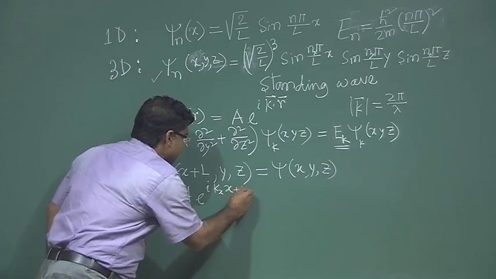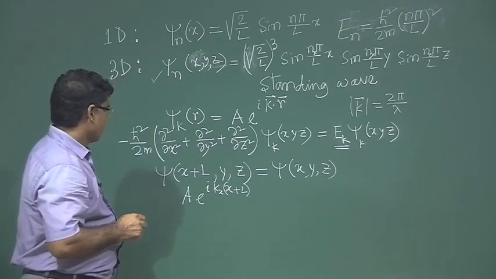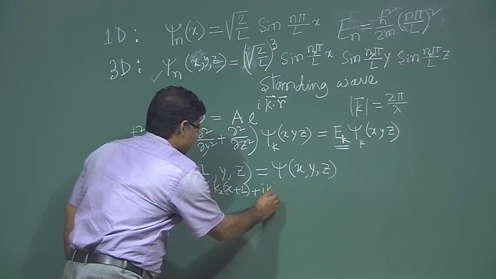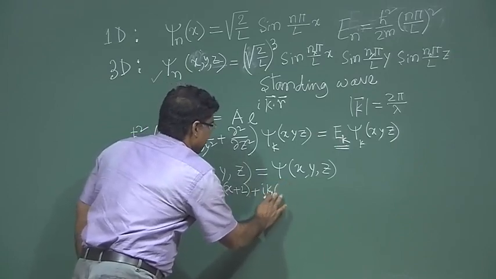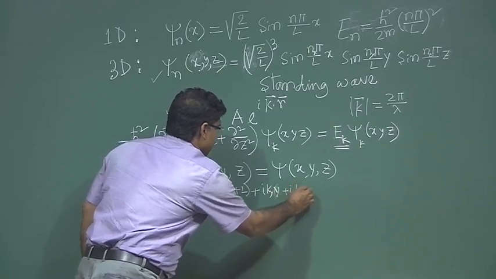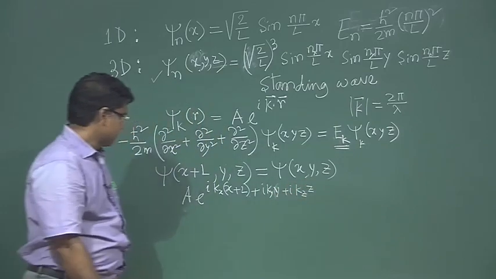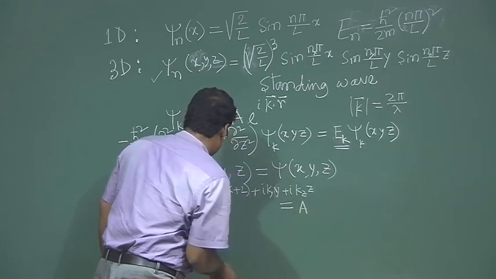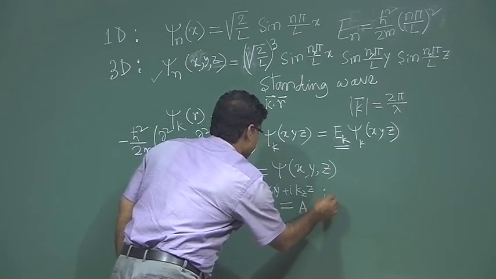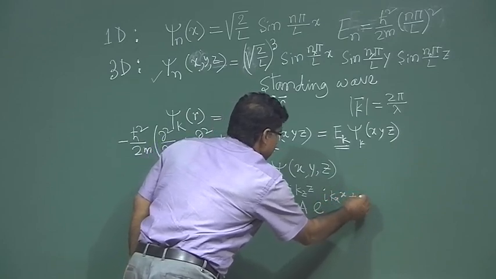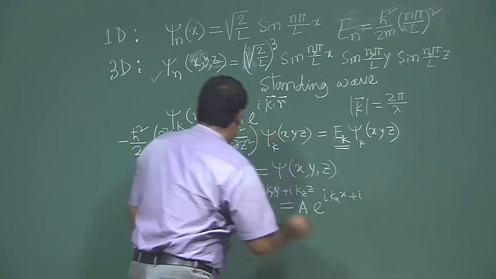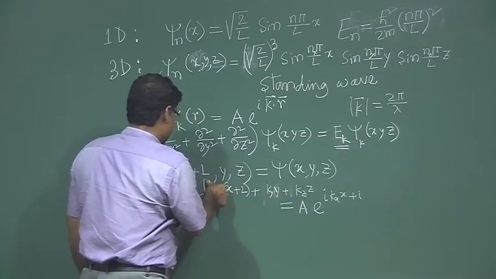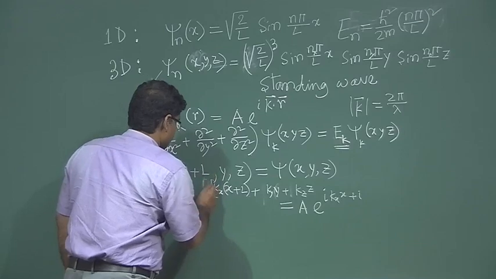So, this x plus L, and the other terms plus I k y y plus I k z z, equal to, on the other side, a e to the power I k x x plus I. So, let me put I here.